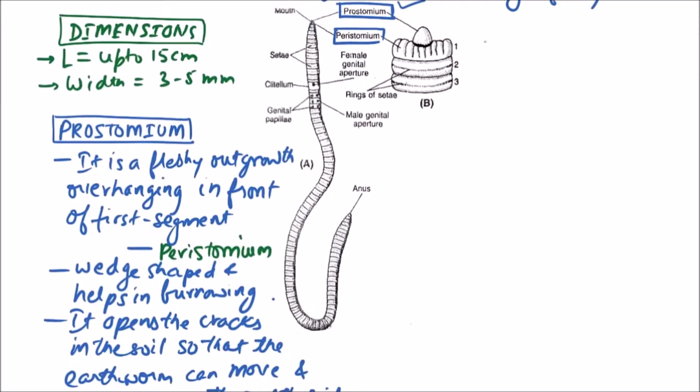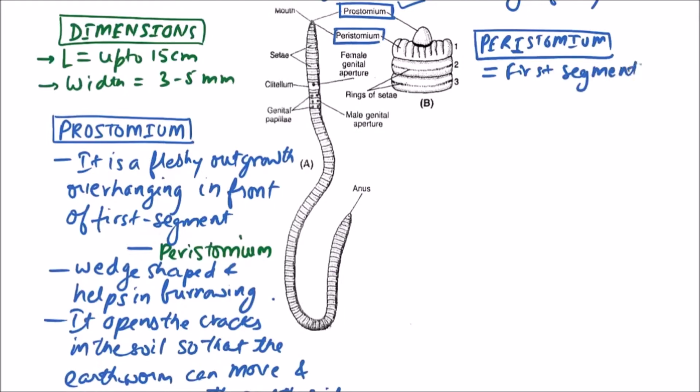Now the Peristomium. Peri means around, stoma means mouth, that is encircling or surrounding the mouth. So this is the first segment of earthworm. It is also known as buccal segment.